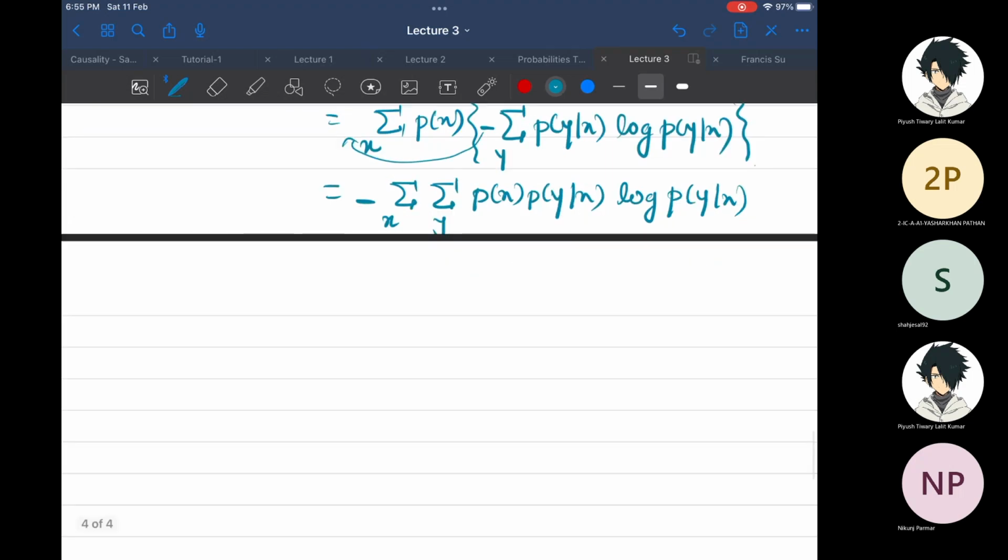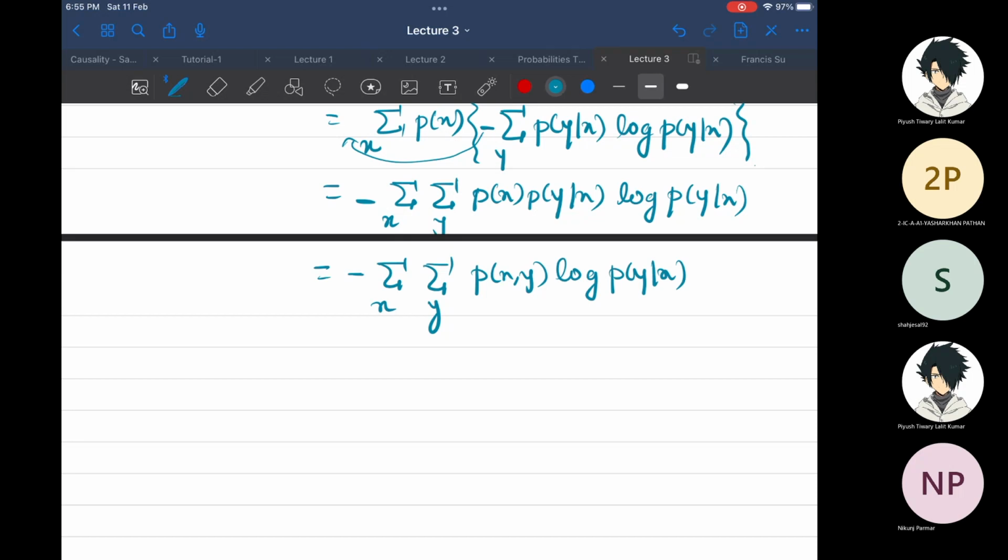So if I further simplify it, these are two summations over x and y. Now you should be able to see that p of x, p of y given x is nothing but the joint distribution, p of x comma y, log p of y given x.